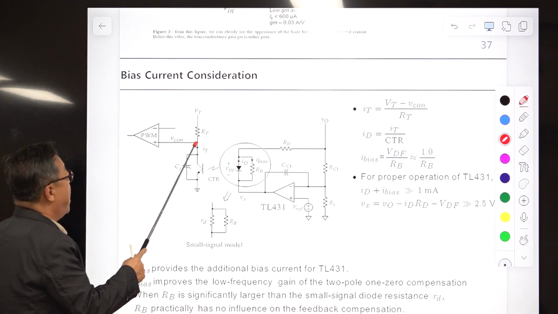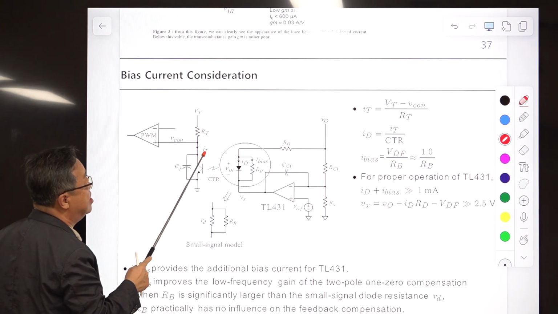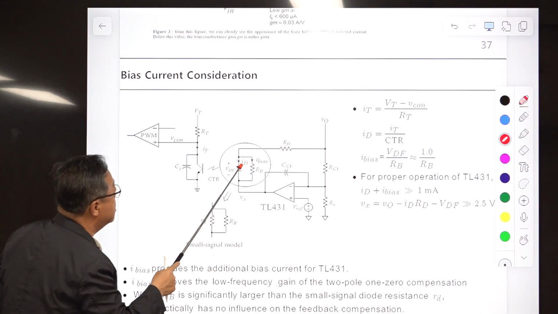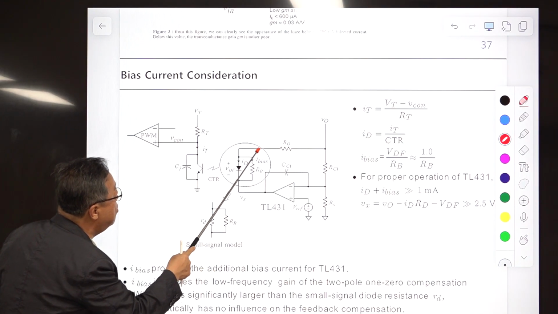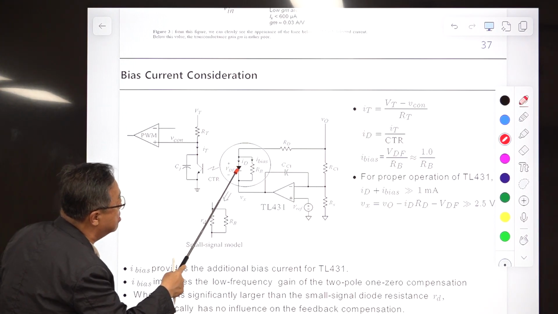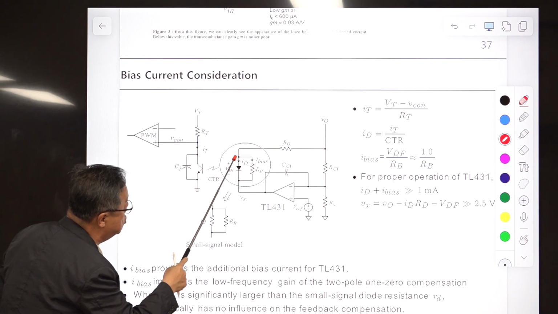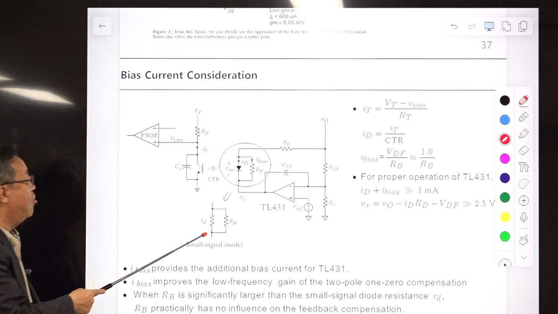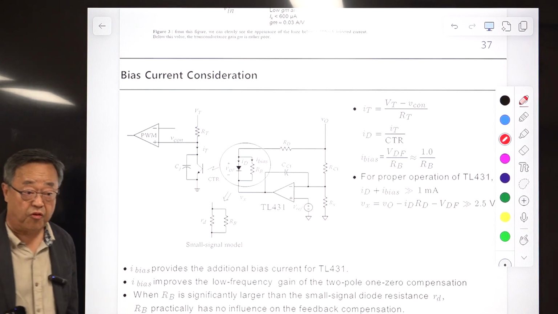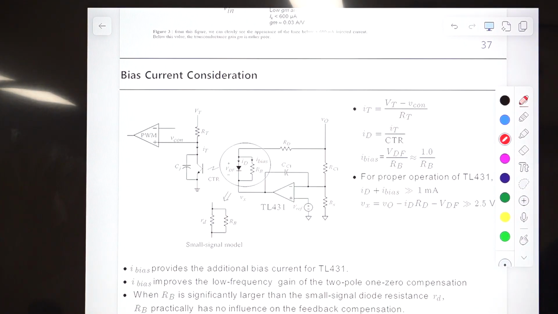So IT is VT divided by V con, fixed IT. Then ID is IT divided by CTR. This ID is coming from here. Then if this one is not large enough, the voltage drop here is 1 volt, and using that you are generating additional current, I bias. Then this will provide a current much larger than 1 milliamp. That's the trick, right? This is very important.